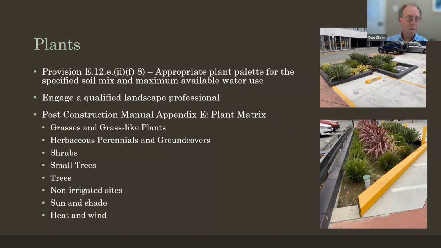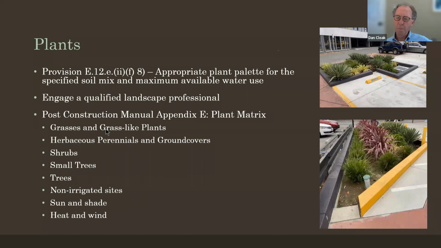The plant list that's in Appendix E, I believe that it includes, yes, non-irrigated sites. Options may be somewhat limited. So obviously, sometimes you can't get everything you want in terms of the aesthetic result and also having plants in a non-irrigated situation.